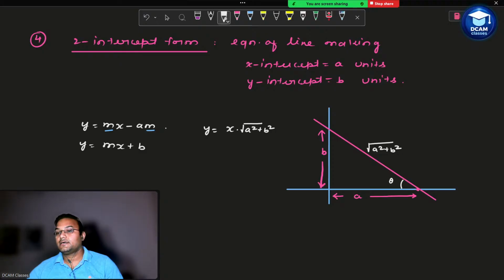This is theta, and this tan theta. But I thought of something else. I was saying about the Pythagoras theorem. According to Pythagoras theorem, this length will be root over a square plus b square. But how did you equate it with y by x?